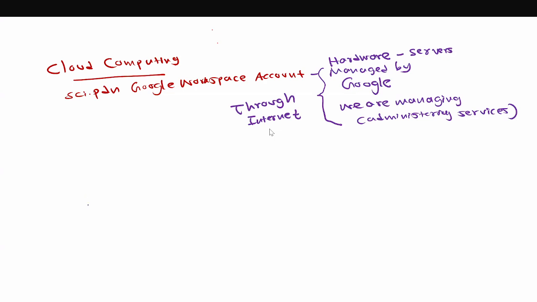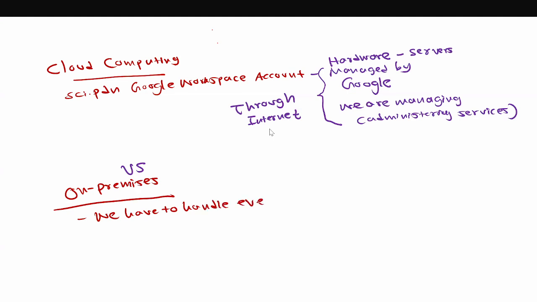The other option is if we have our own email servers and so on. That is called on premises, hardware and software. On premises means we have to handle everything, that means both hardware and software.